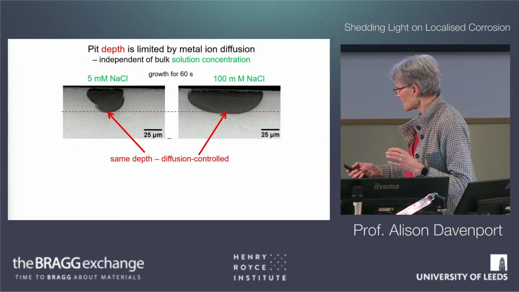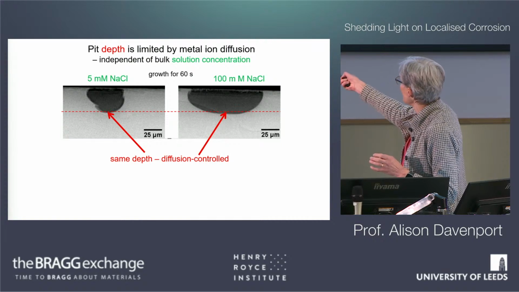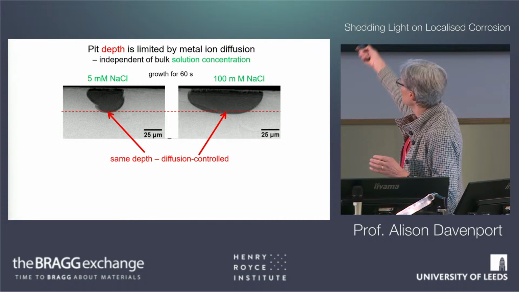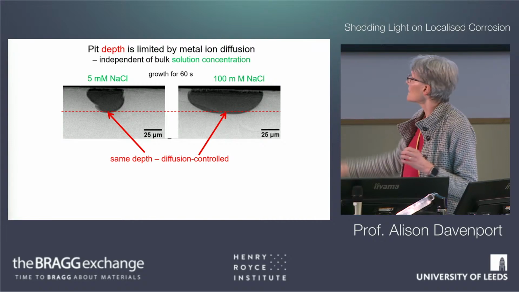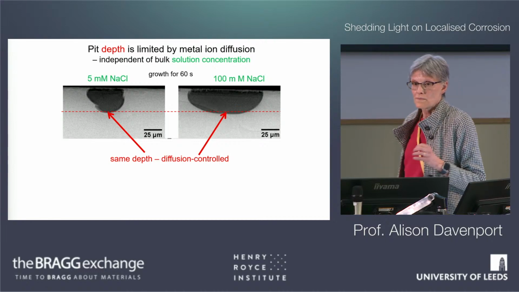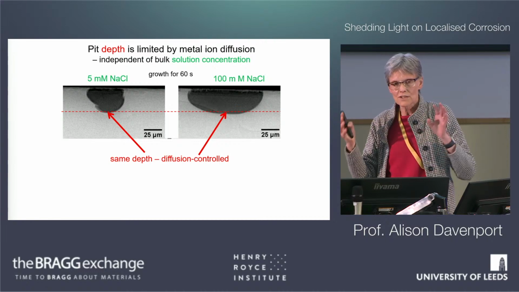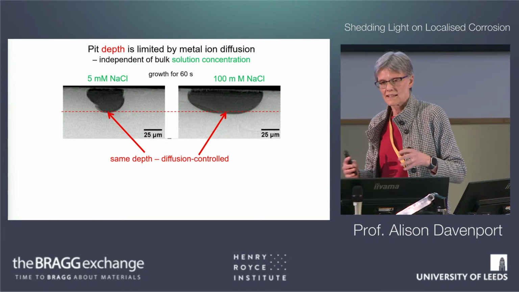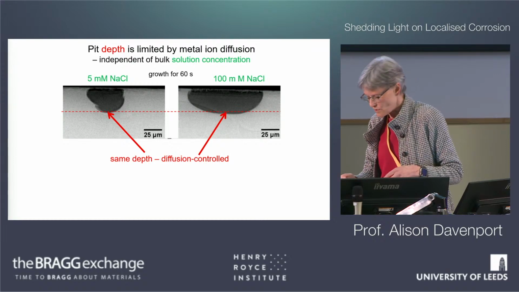But in fact, you'll see that the depth of the two was the same after growing after 60 seconds, despite one being low conductivity, the other one being high conductivity, which is very much consistent with the idea that the diffusion is doing the job, and this is rather telling us that we probably have salt films at the bottom of these layers.